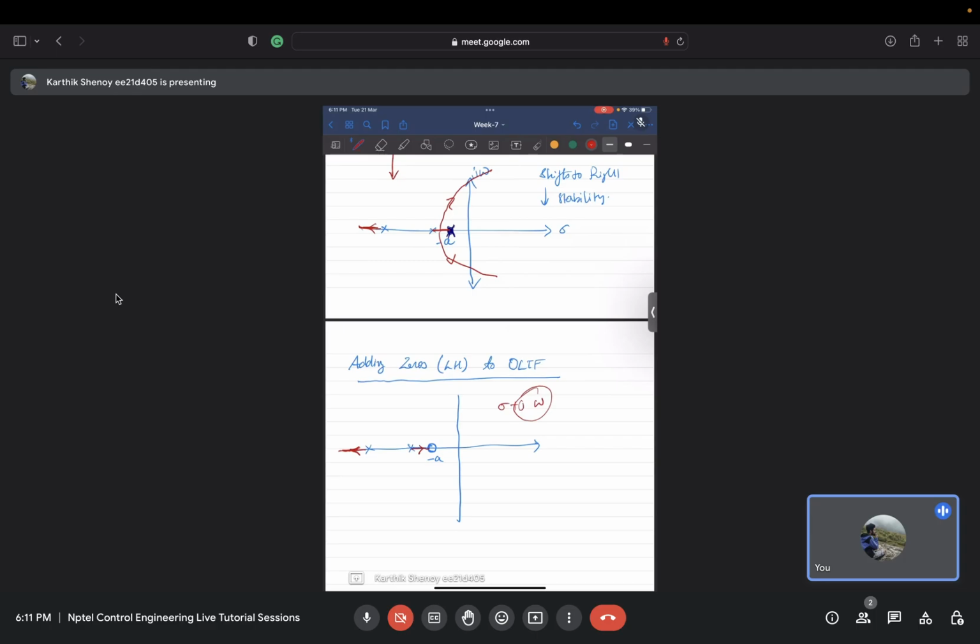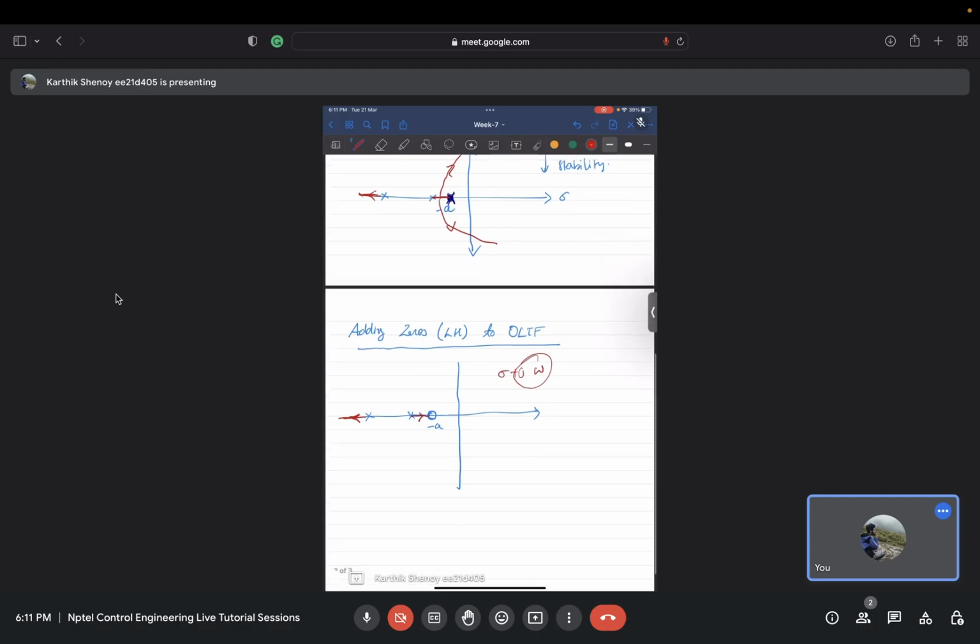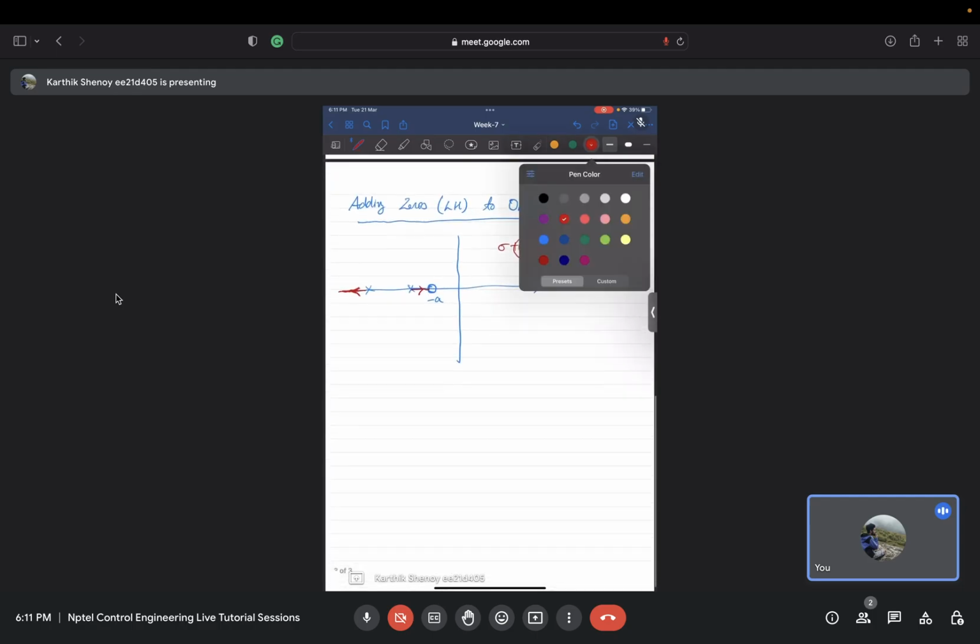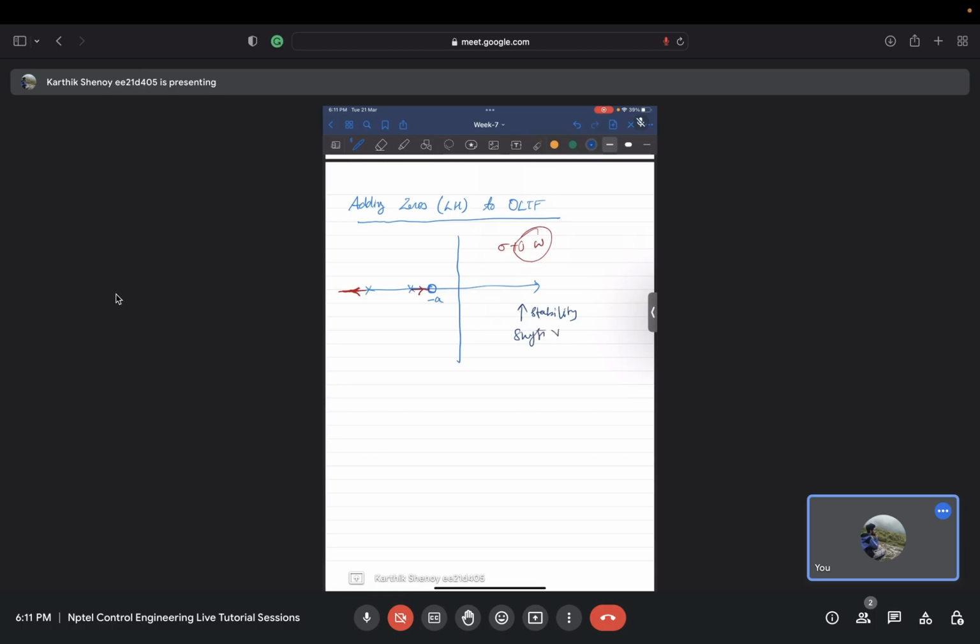So it shifted my system dynamics to the left side. So if you add a zero here, it increases the stability and shifts the root locus to the left.